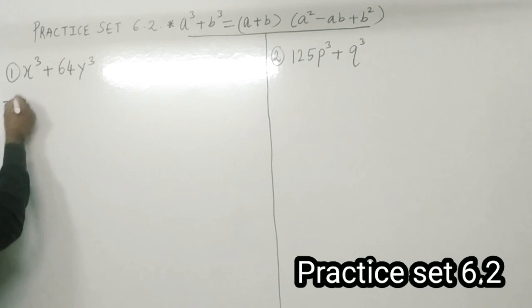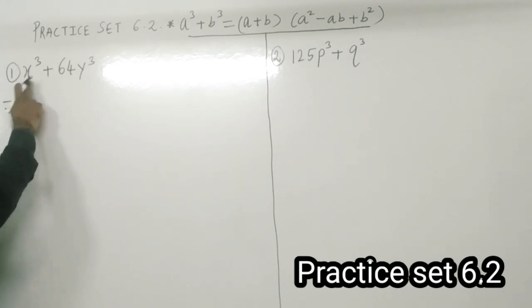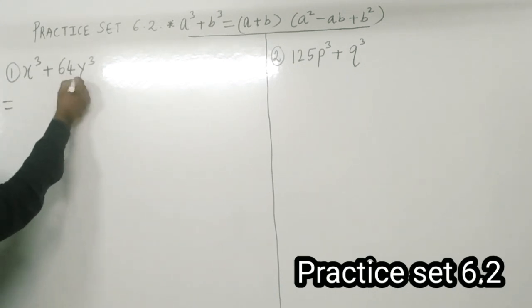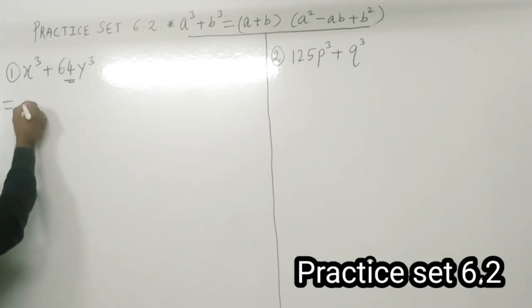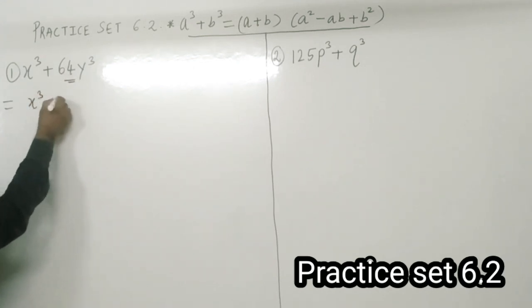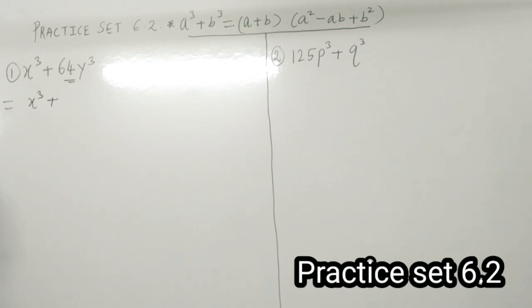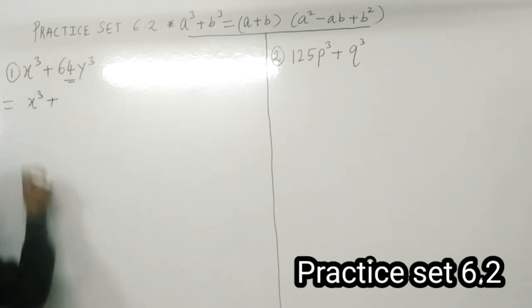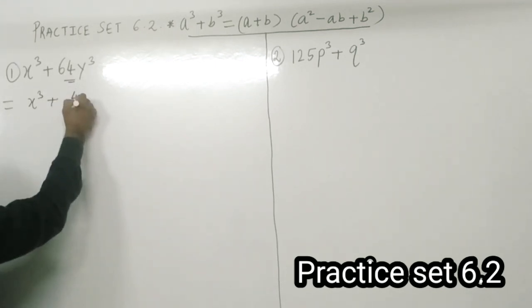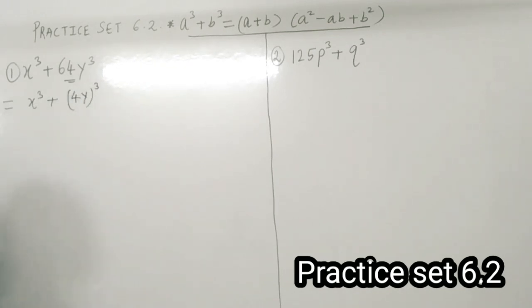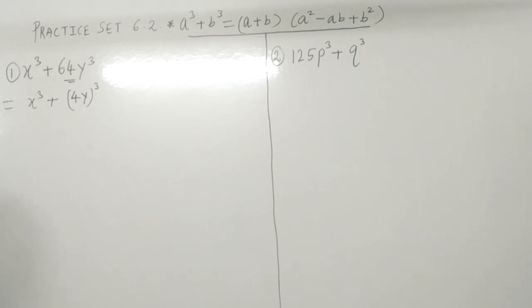Here a is equal to x and b is equal to 4y. First, we write x cube plus 64y cube in the form of a cube plus b cube. 64 is the cube of 4, so (4y) cube. You should know the cubes of the numbers from 1 to 10 at least, so that we can write the terms in the form of a cube plus b cube.